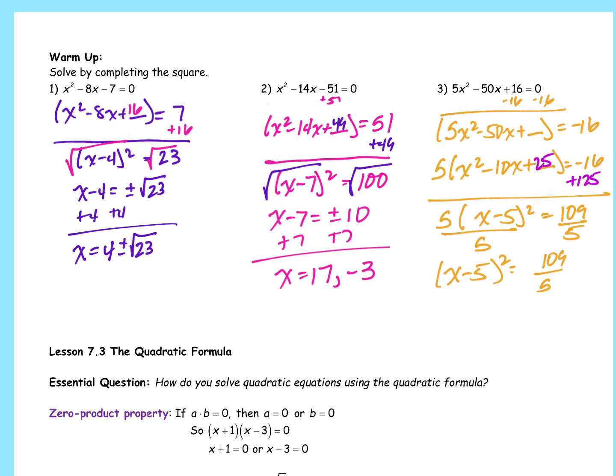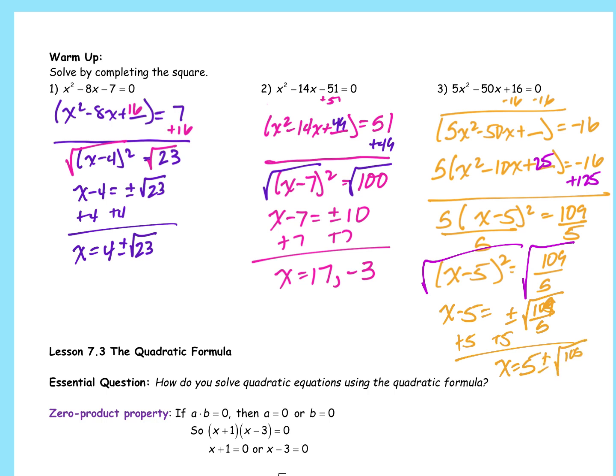Okay, so now square root. So I've got x minus 5 equals plus or minus the square root of 109 over 5. Add 5 to both sides. And I should get x equals 5 plus or minus the square root of 109 divided by 5. Okay?